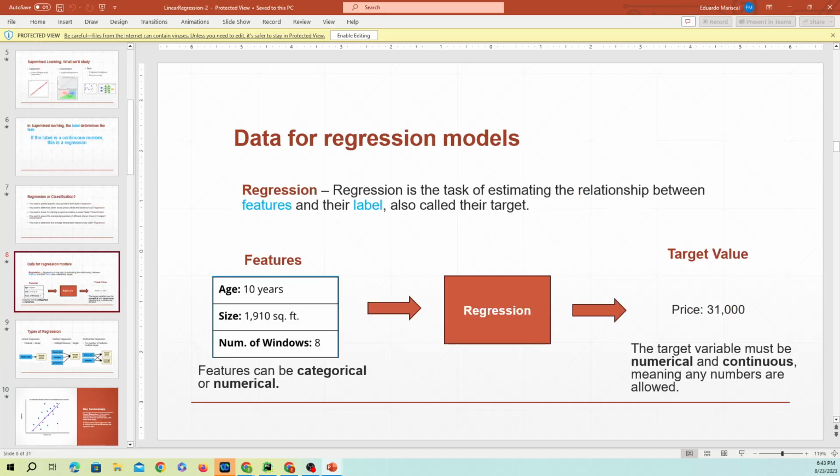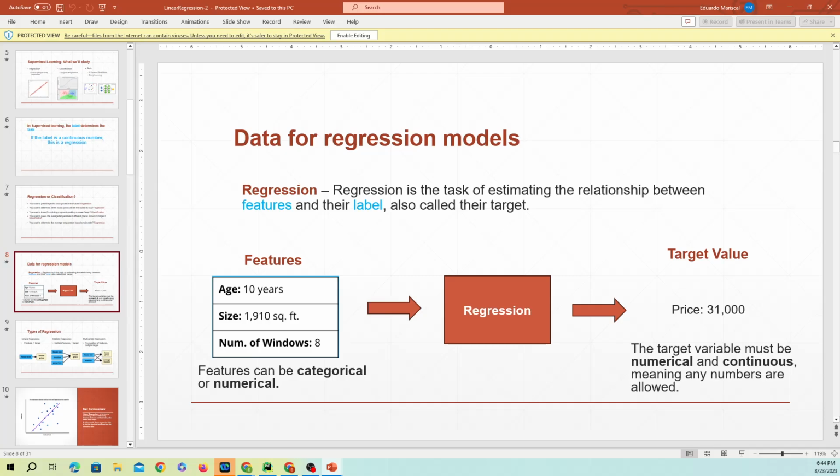Data for regression models. Regression is a task of estimating the relationship between features and their label, also called their target. I mentioned the word features before. Features are used in your columns part of the data. Each row contains a unique data point, and in that data it contains many different options.